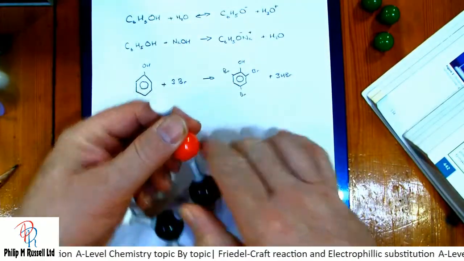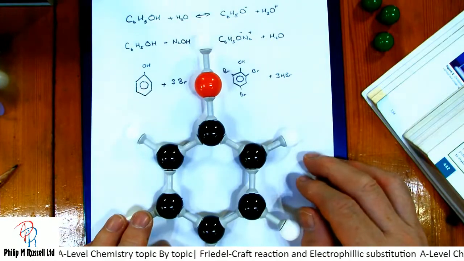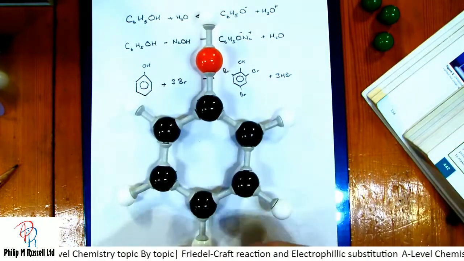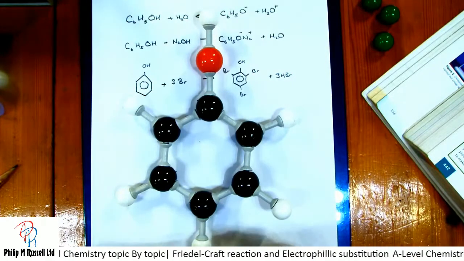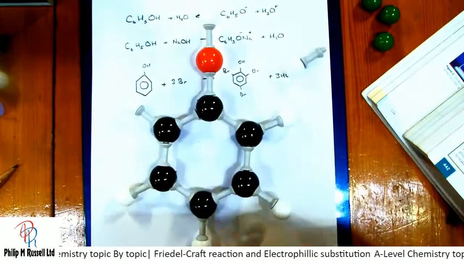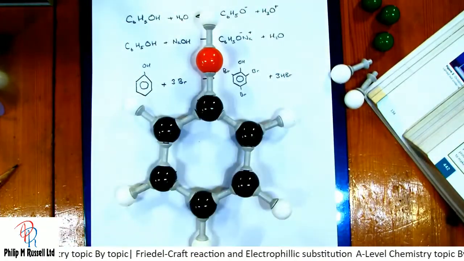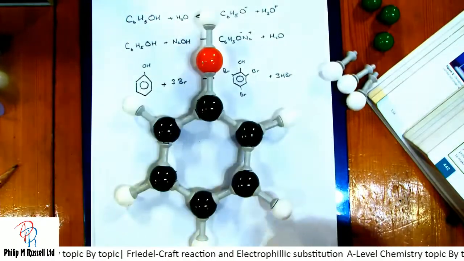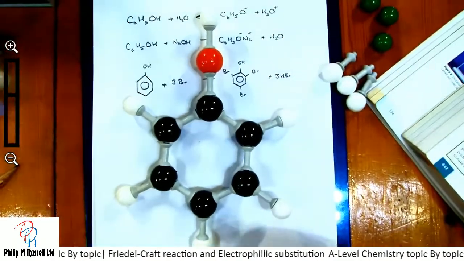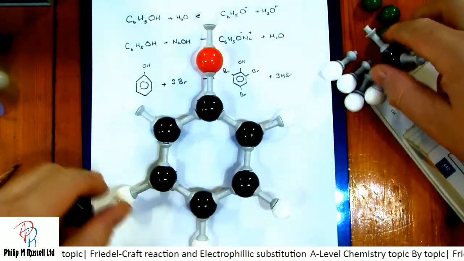So if we go back to my phenol, we can put on some rather interesting other chemicals. So let's see if we can do one of these, and I'm just going to take my carbon atom, go the right way. Right, so let's have my carbon atom.